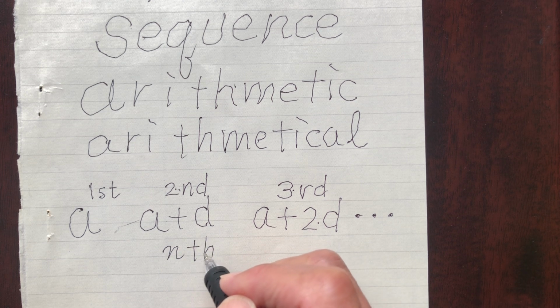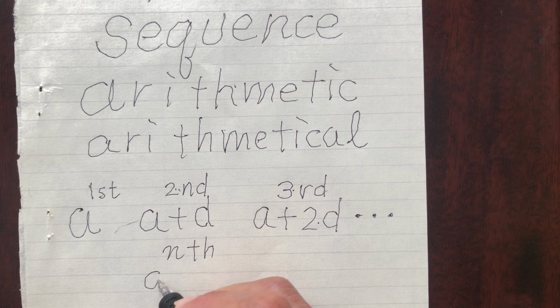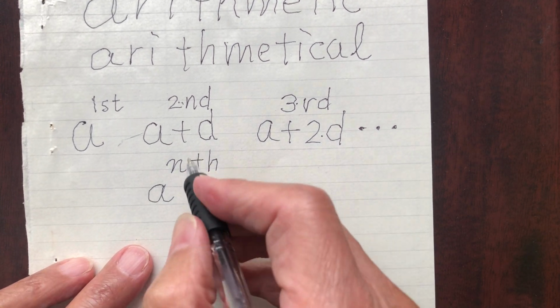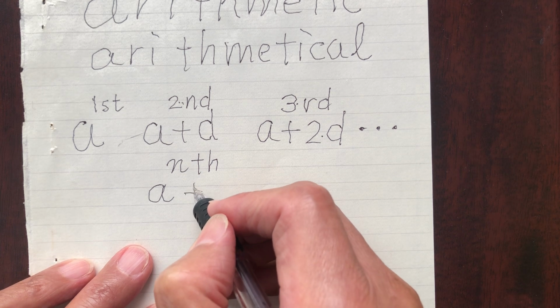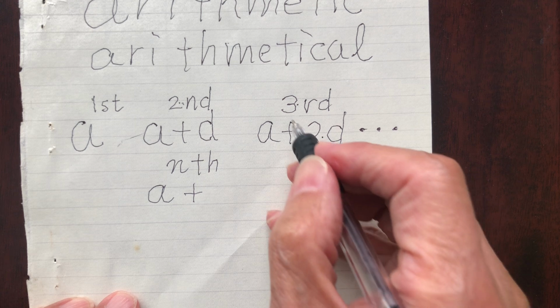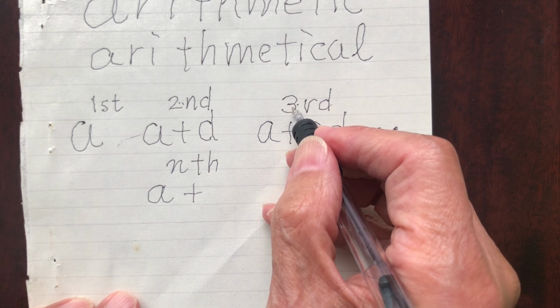The nth term should be A plus how many D's? The D is 1 less than the number of terms.